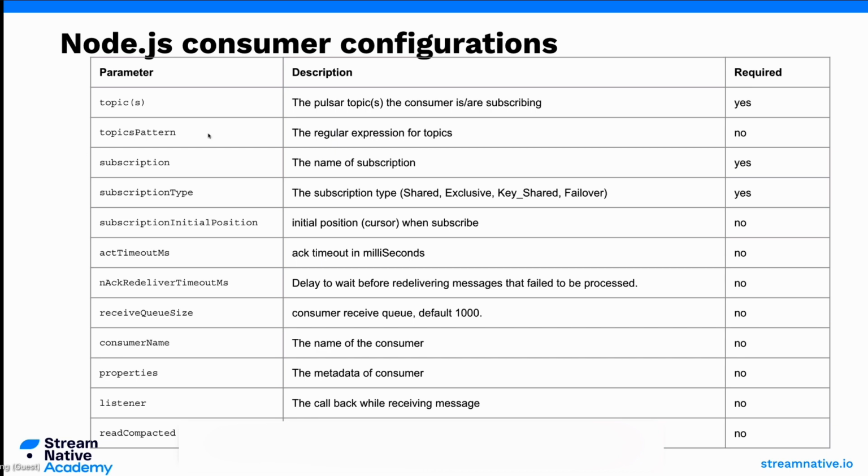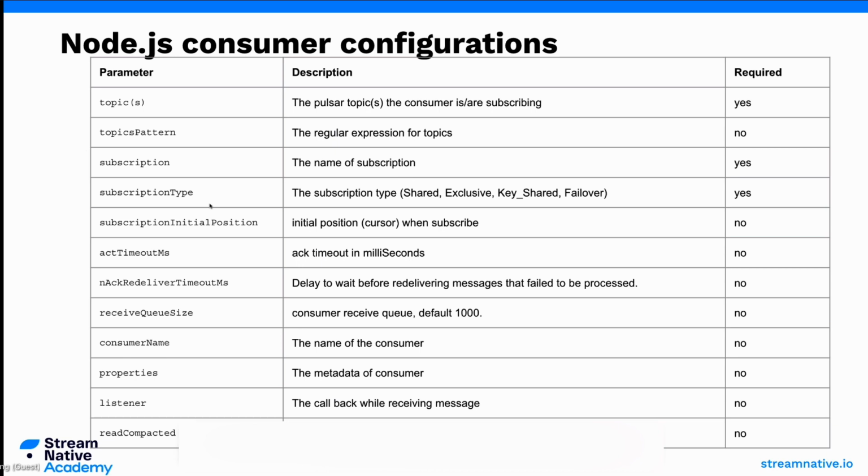Or you can use topic pattern, which means a regular expression. For example, you want to subscribe to all the topic names in the namespace that start with ACM. Then it will grab all the topics and subscribe to them, right? And you can set up a subscription name.